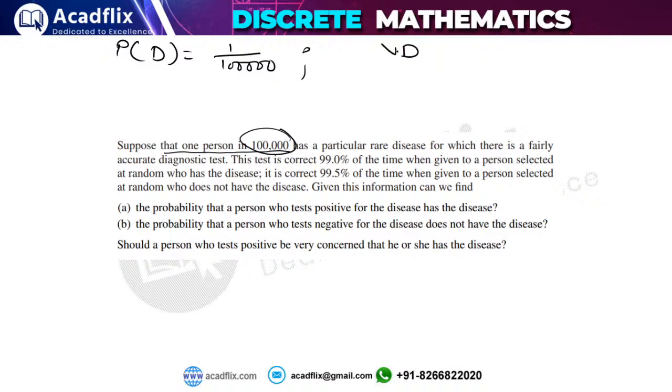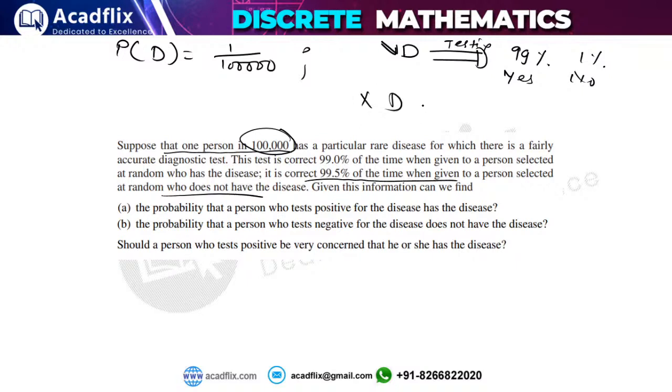Now he is saying, let's assume you have the disease, and you are going for testing. Then there is a 99% chance that yes will come, and a 1% chance that no will come. Now assume that you do not have the disease, and you are going for testing.